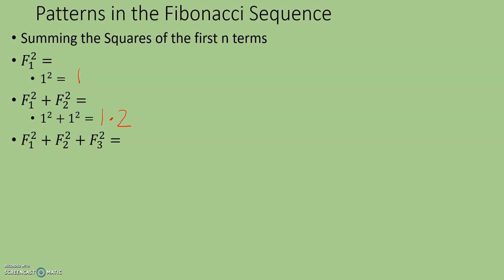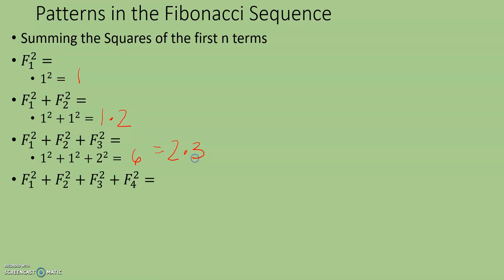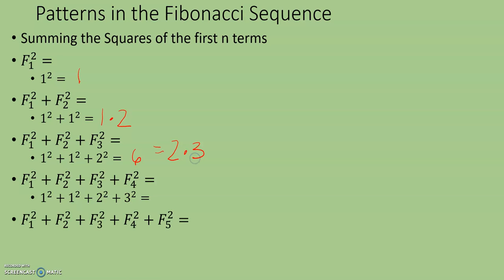The first three squared is 1 plus 1 plus 4, which equals 6, which can be written as 2 times 3. Squaring the first 4 Fibonacci numbers and adding them, the sum is 15, which is 3 times 5.